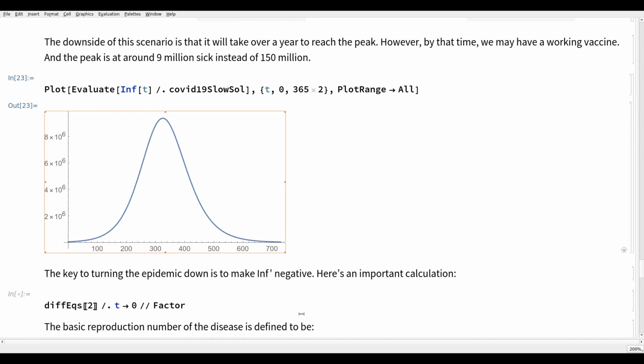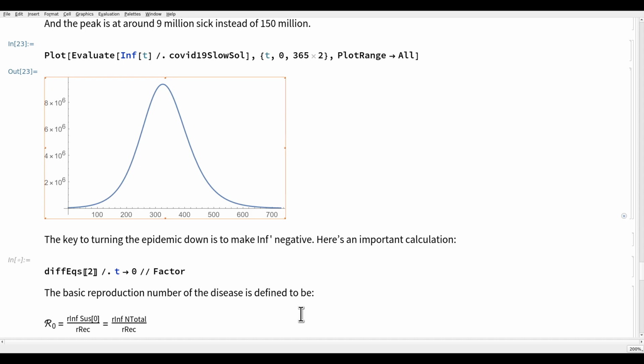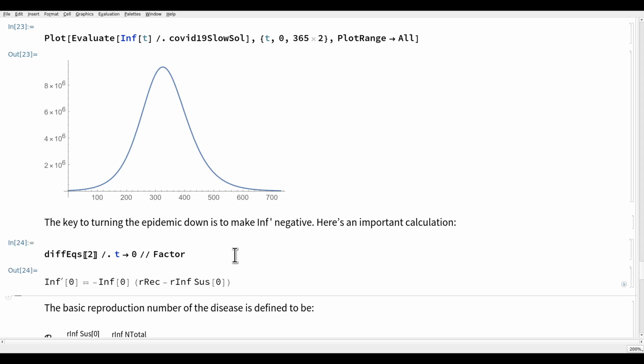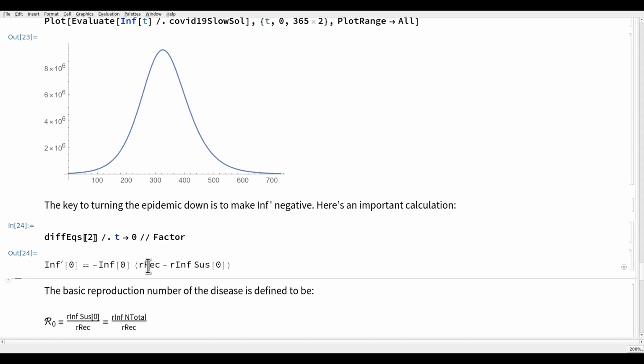So what have I done here, and what's the big difference between a factor of 6 and a factor of 4? Well, let me start by calling up the derivative of the number of infected individuals. You can see right here, I've evaluated it and just plugged in time 0 just to be definite. And there's this factor that's appeared here.